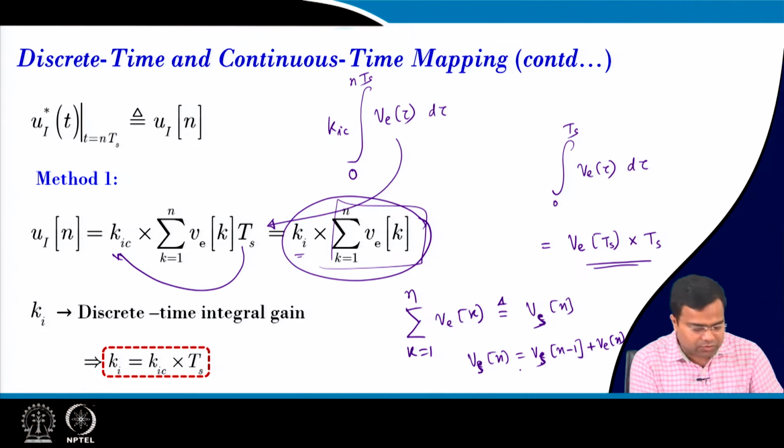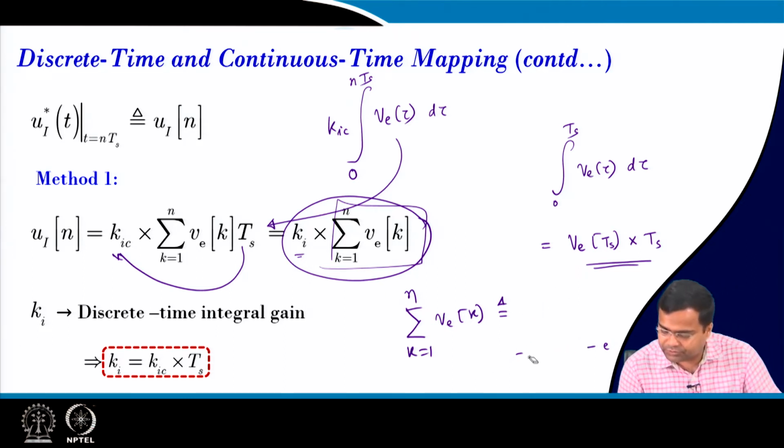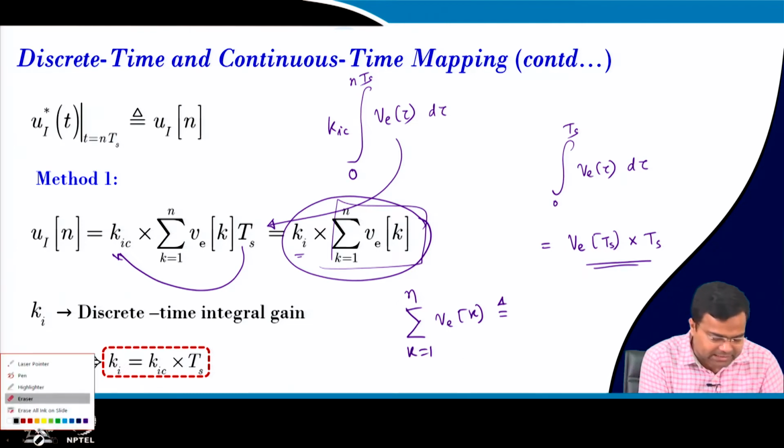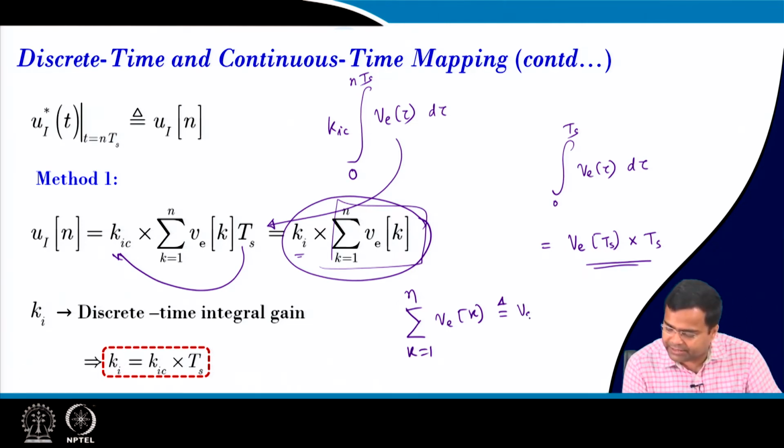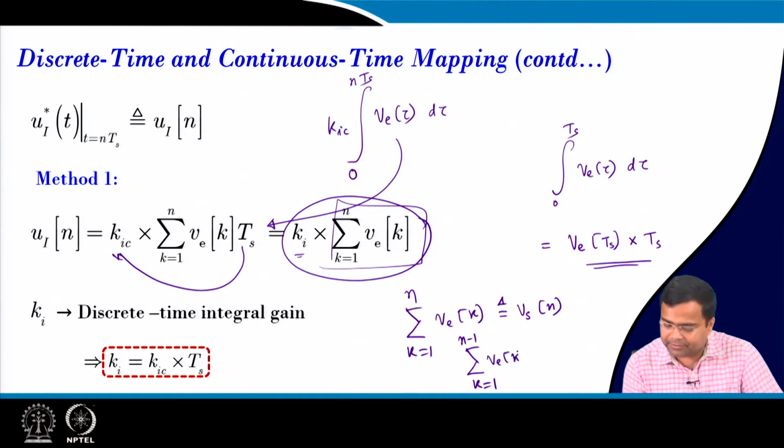That means, let me write this integral once more. So, this is represented as V E s sum of this whole thing. Then we can write the sum of V E k for k from 1 to n minus 1 as V s n minus 1.